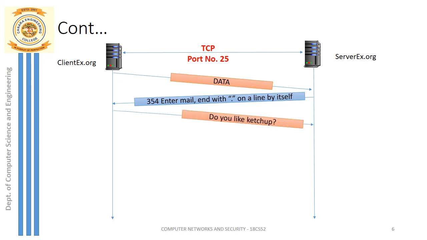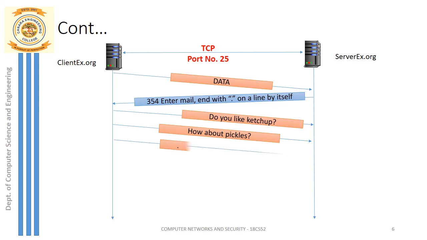Now the client will send some of the messages. In this example, we consider "Do you like ketchup?" It is one of the lines of data sent from client to server, the sender to receiver, and some more lines of data.